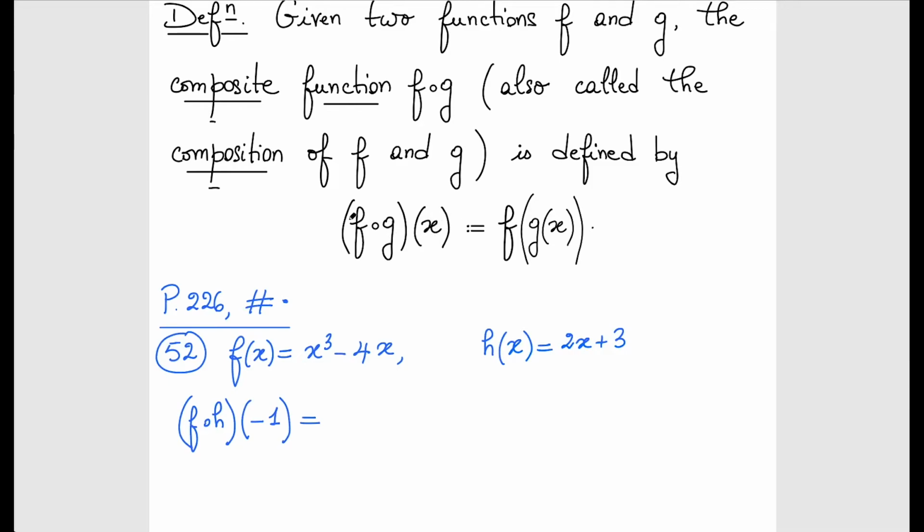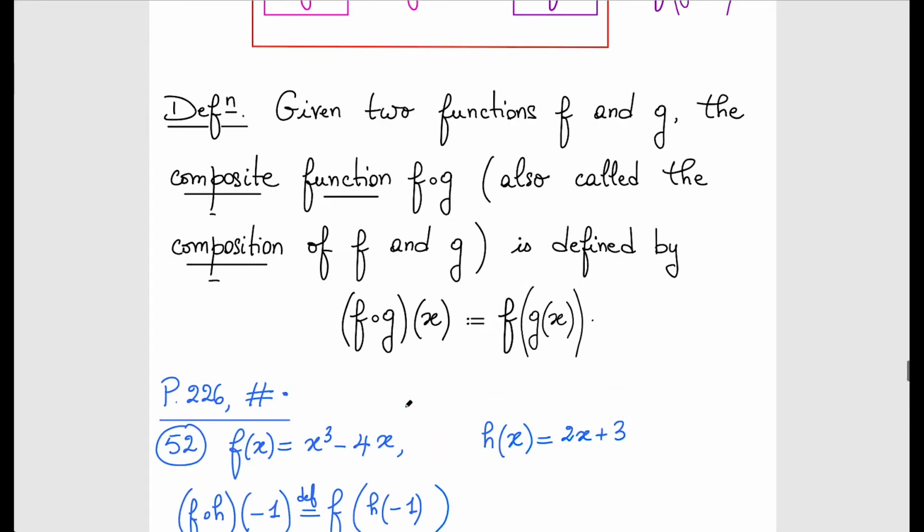So long story short, in this case, again by definition, it's going to be f acting at h of -1. Correct? So technically g is h in my context. Okay, so we get this.